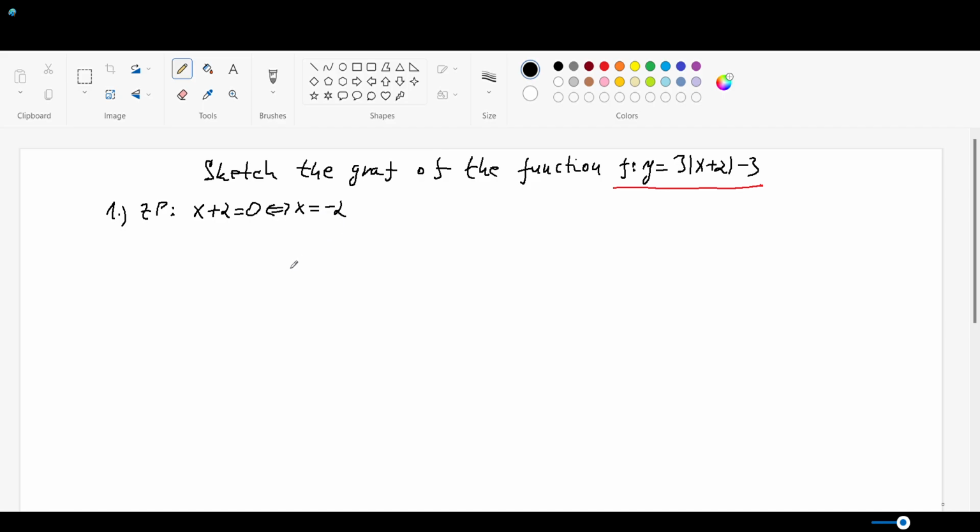equal to negative 2. The next thing we said is to split the set of all real numbers based on this zero point, in this case into two parts. But if there will be more absolute values, then there will be more zero points, and they will split all the real numbers into more than two parts.